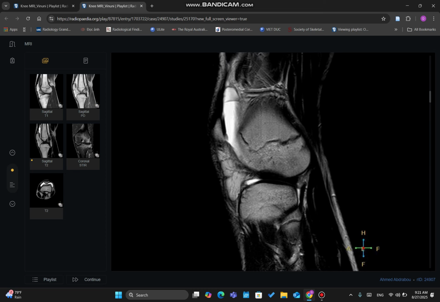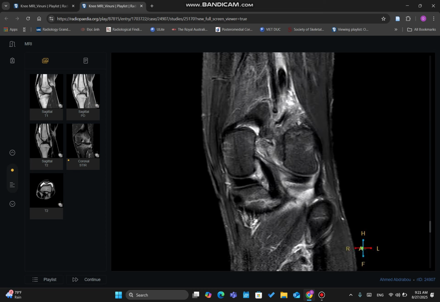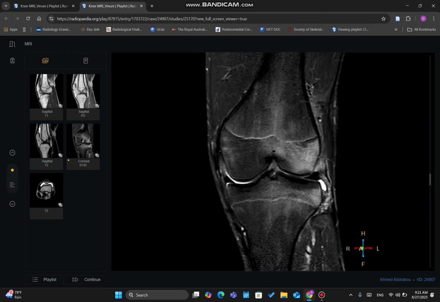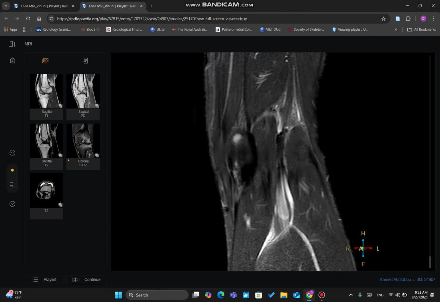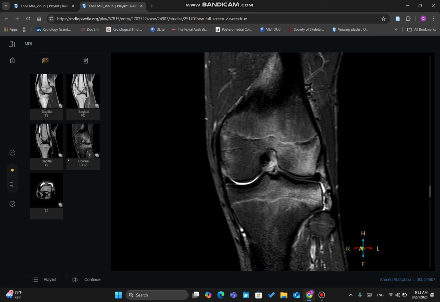In this case, it's a site of increased bone density due to compression fracture, because we are dealing with a patient who had knee trauma previously.